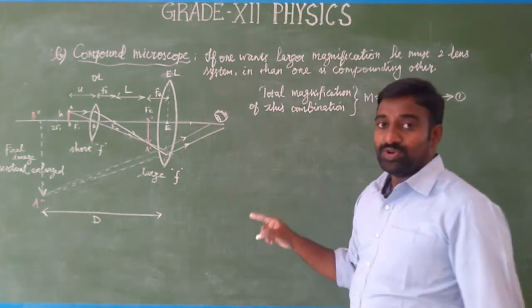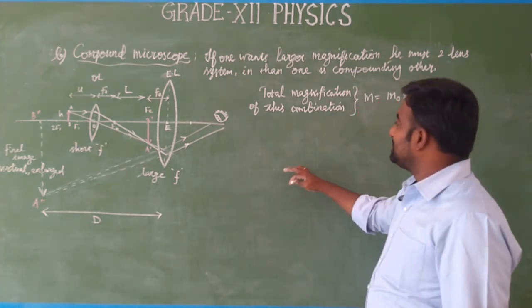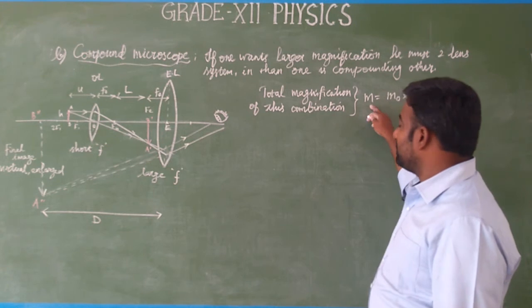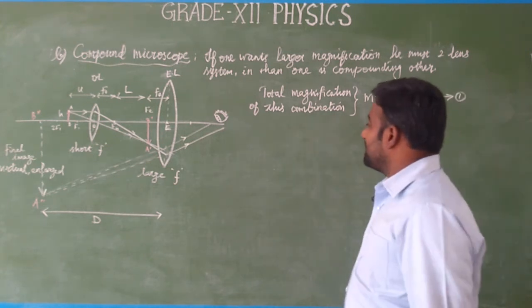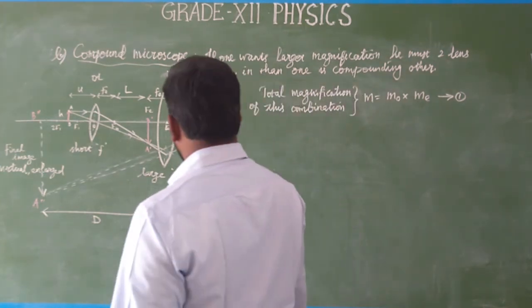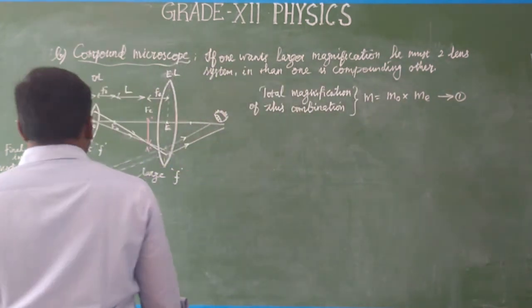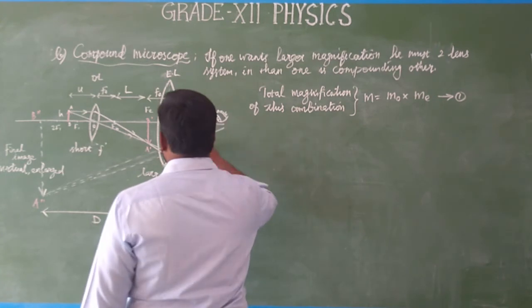We have a two lens system, no? So for a two lens system, the total magnification of the combination is the product of the magnification of the objective lens and the magnification of the eye lens.